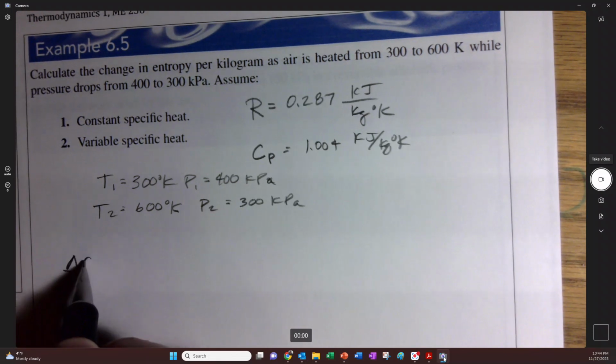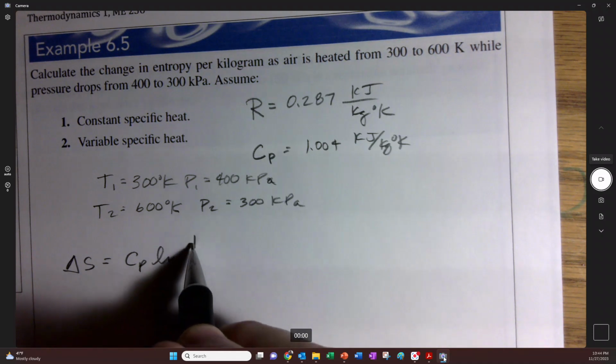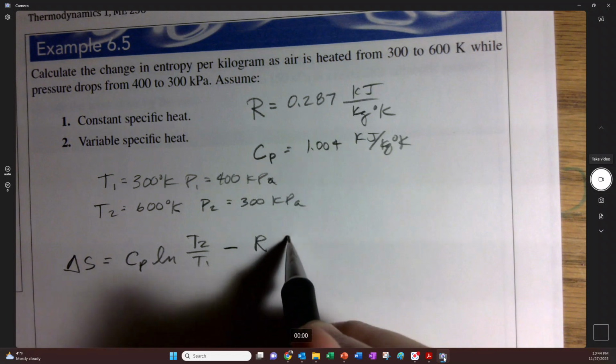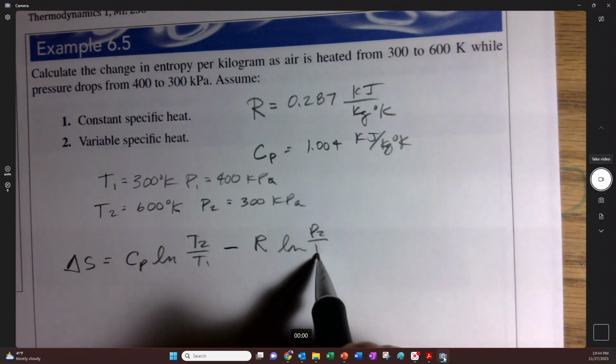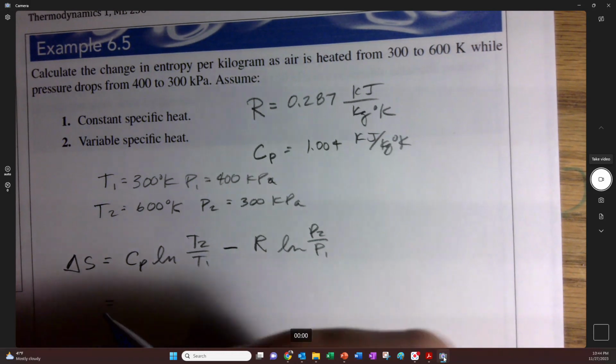Let's get the delta S. It's going to be CP natural log of T2 over T1 minus R ln P2 over P1. Definitely the easier approach, but let's see how well we do compared to the other table.